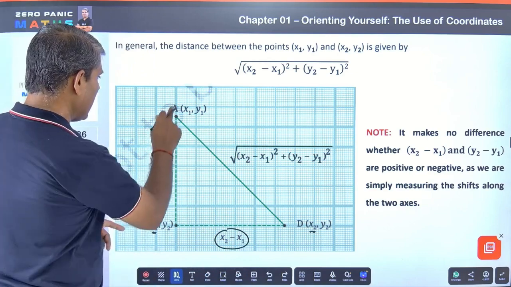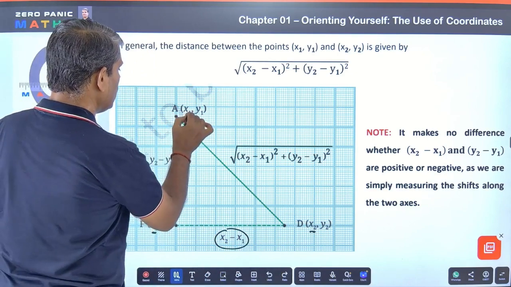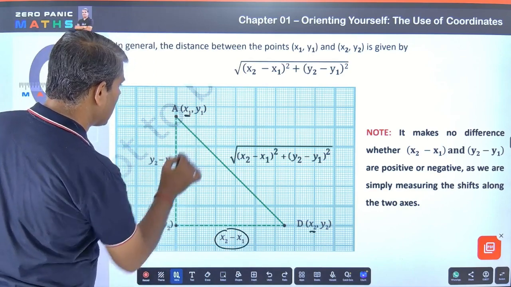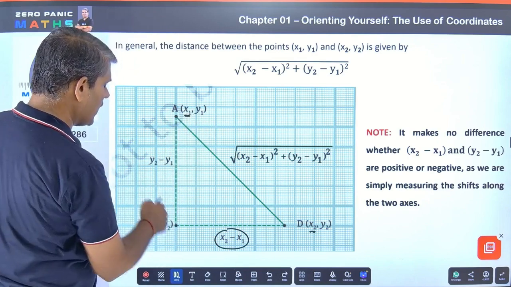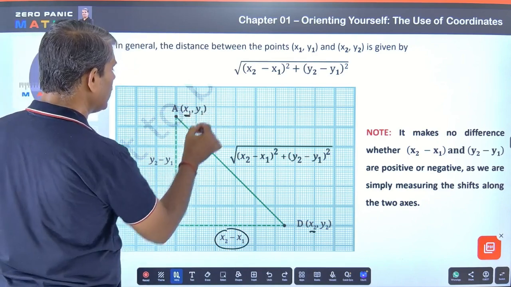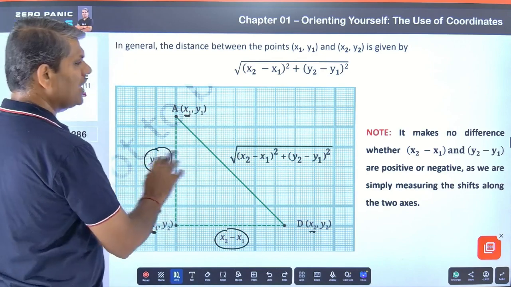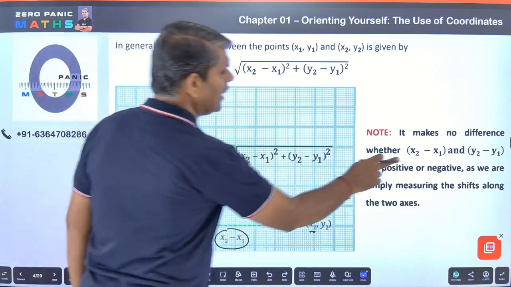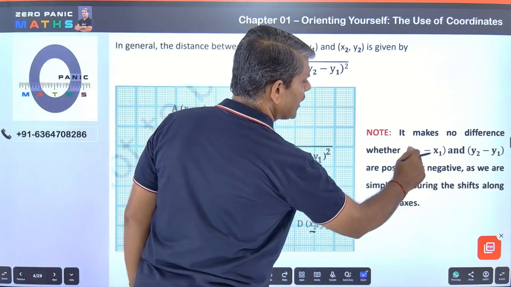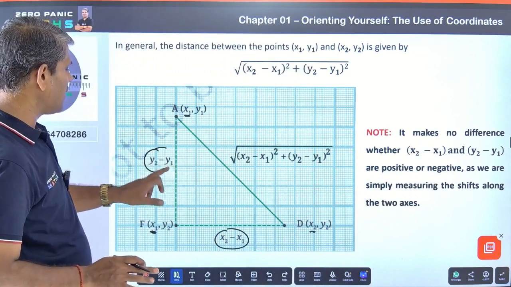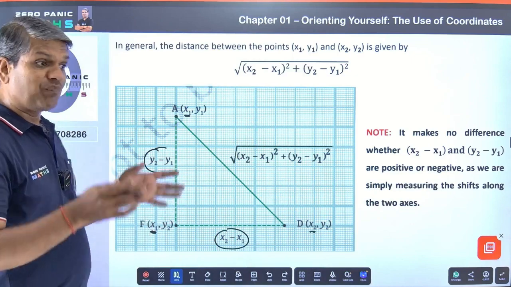Correct? Similarly, here also, you just ignore the x coordinates because it is x1 here. What you will do is y2 minus y1 will give you the distance. It does not matter whether it is negative or positive, because we just want a distance and not exactly the difference.